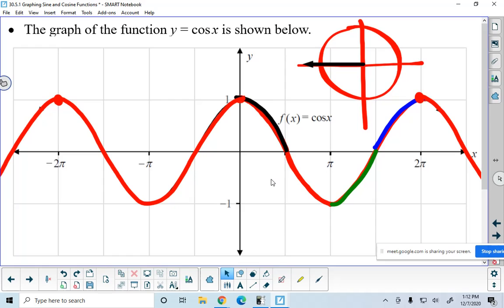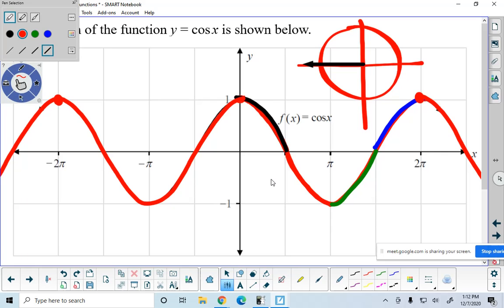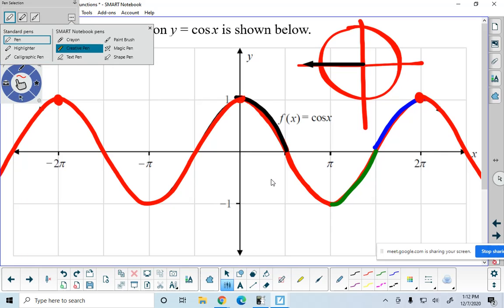So on top of this, what I'm going to do is draw sine of x. Please don't draw it on yours. But if I were to graph sine of x, let's do something different.